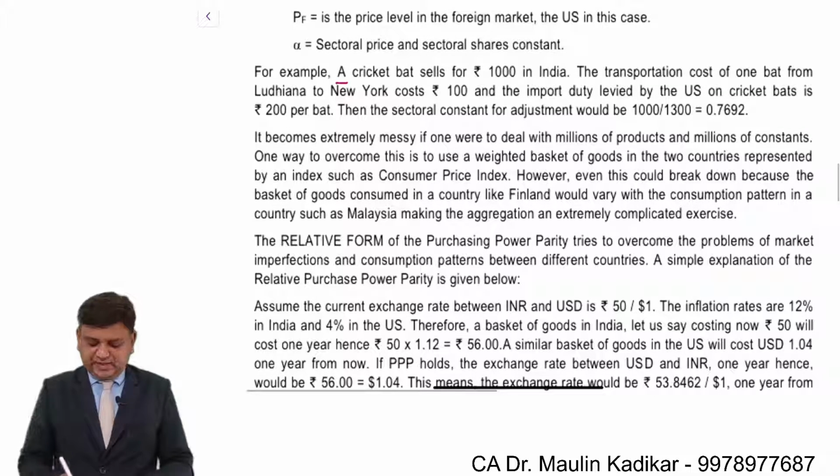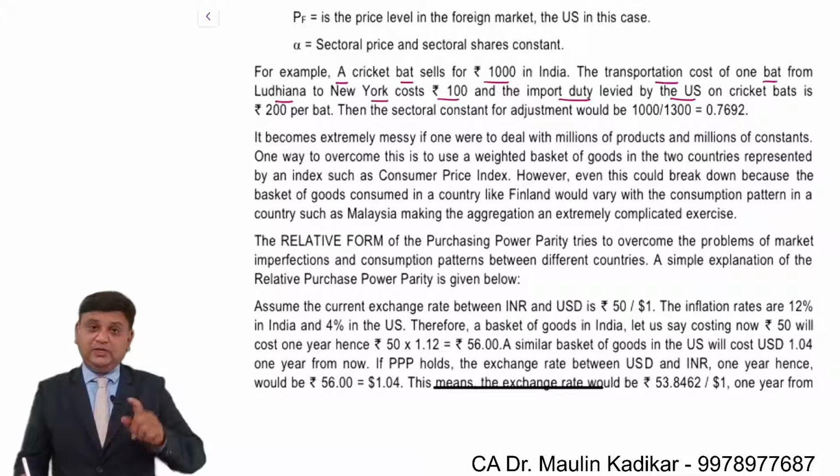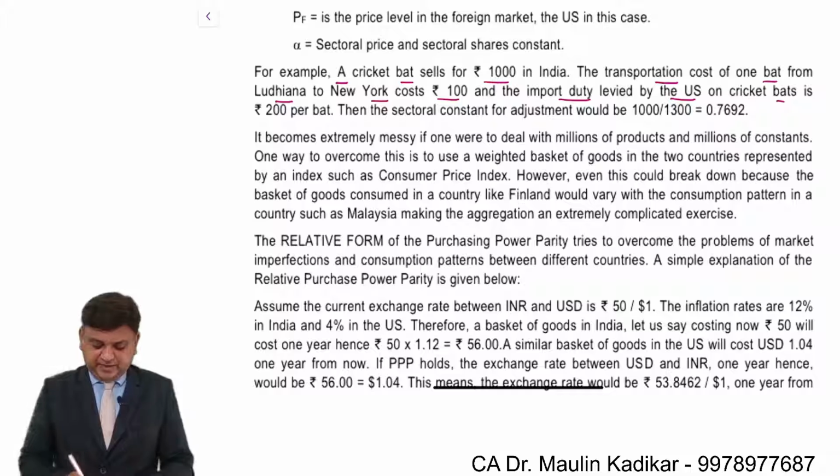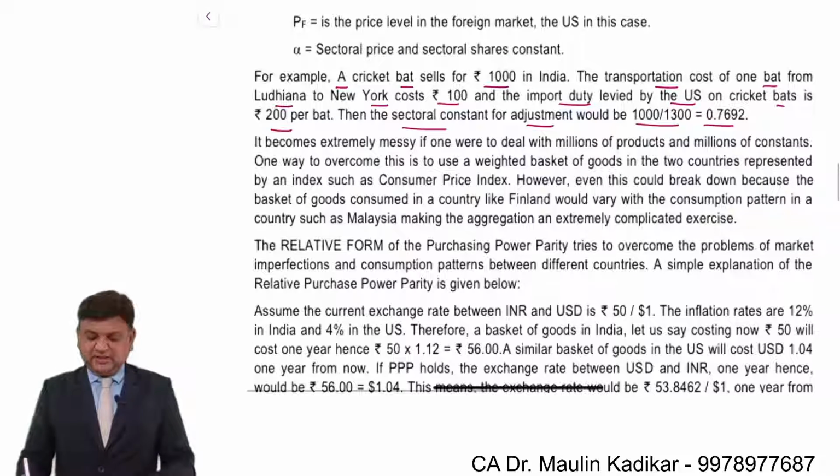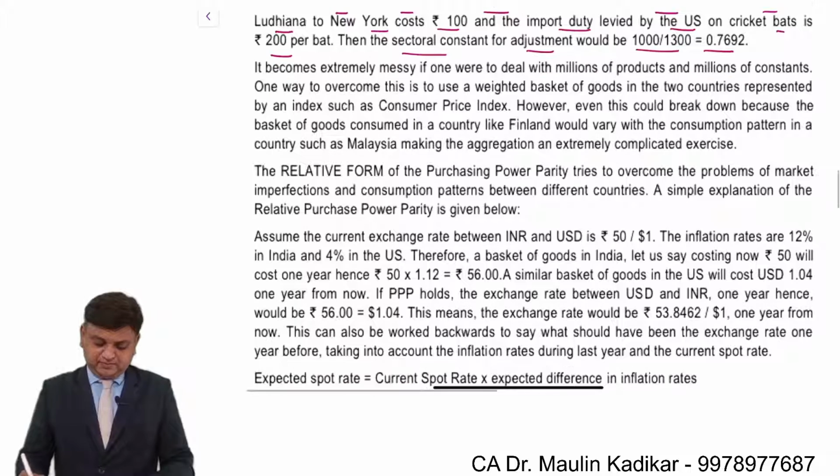For example, a cricket bat sells for 1000 rupees in India. Transportation cost of one bat from Ludhiana to New York is 100 rupees and the import duty levied by United States on the cricket bat is 200 rupees per bat. Then the sectoral constant for the adjustment would be 1000 divided by 1300, that is 0.7692.